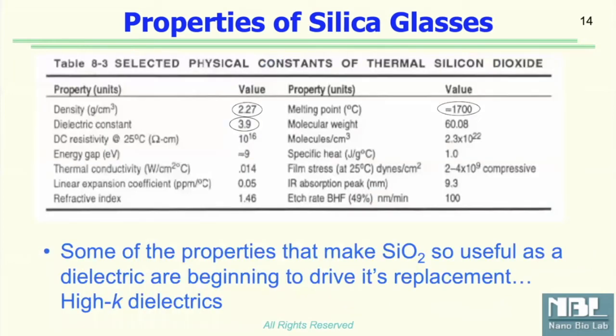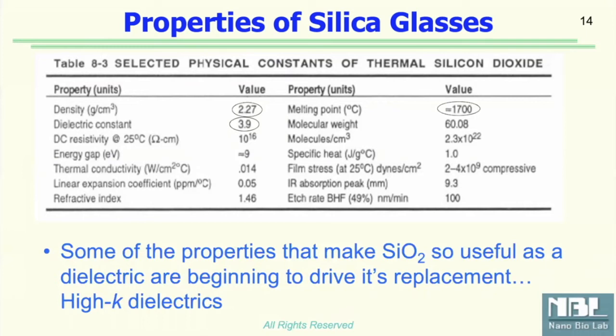Now, when we said that it has very different properties, here are a few examples of what properties are different between silicon and silicon dioxide and why they would matter. For one, the dielectric constant is different. We know capacitive or electrical properties depend on these values.